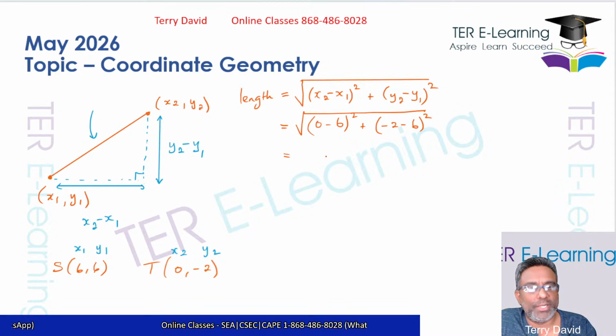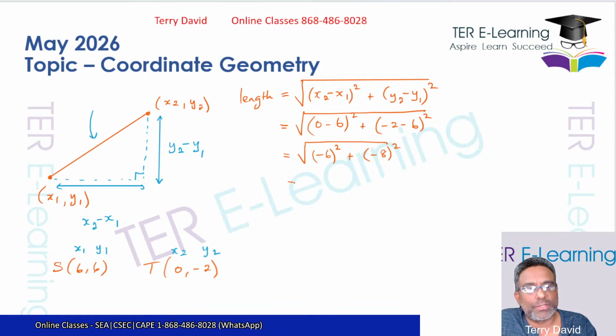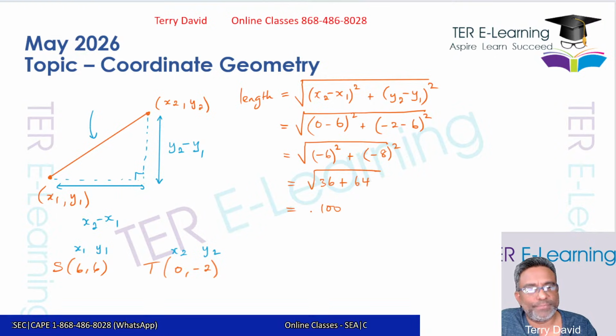So this is going to be minus 6 squared plus minus 2 minus 6, which gives us minus 8 squared. Square root. So minus 6 squared will give us 36, plus 8 squared is 64. So 36 plus 64 is going to give us 100. So therefore this is going to give us 10.